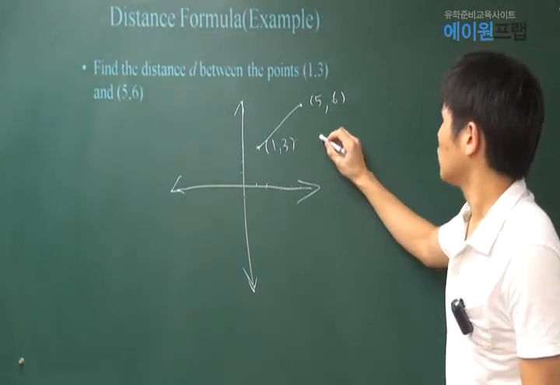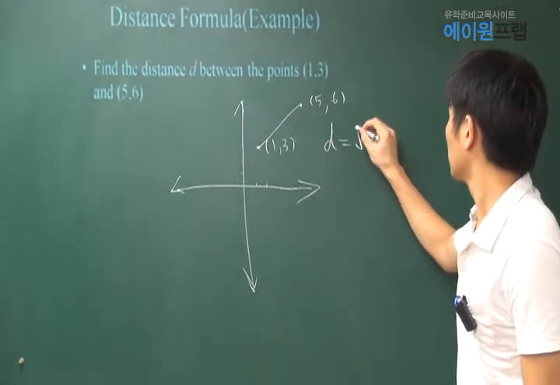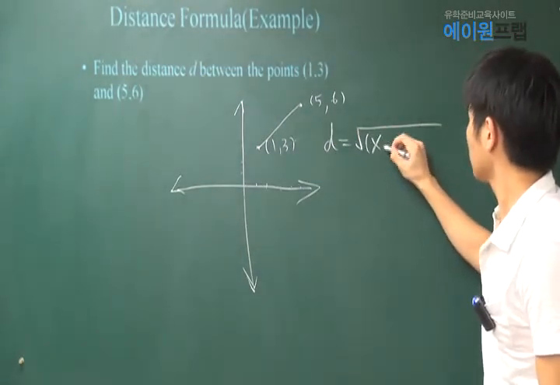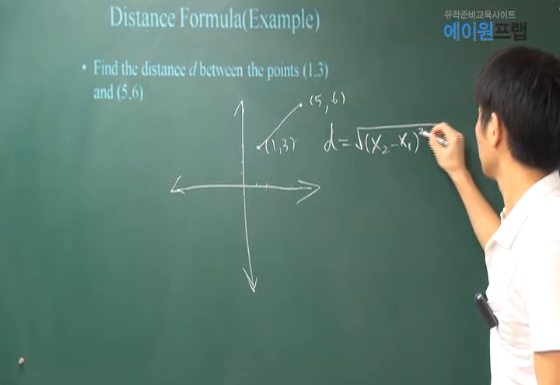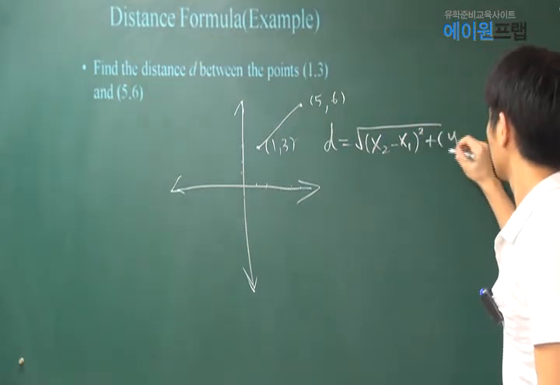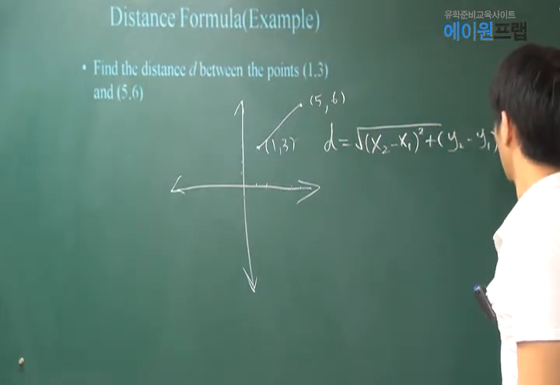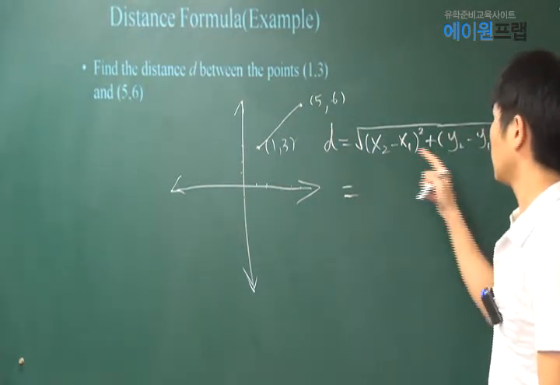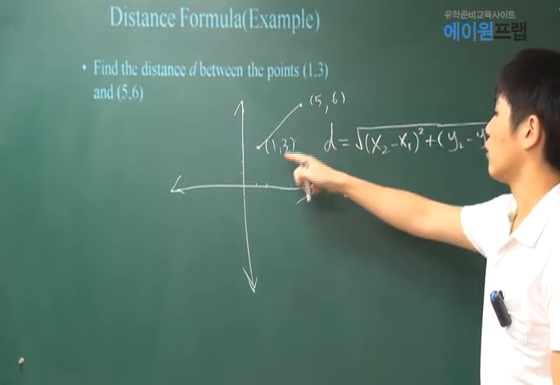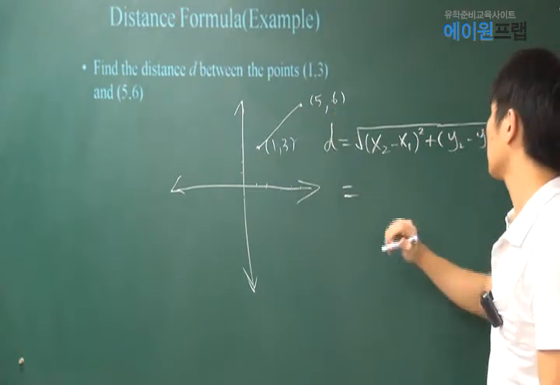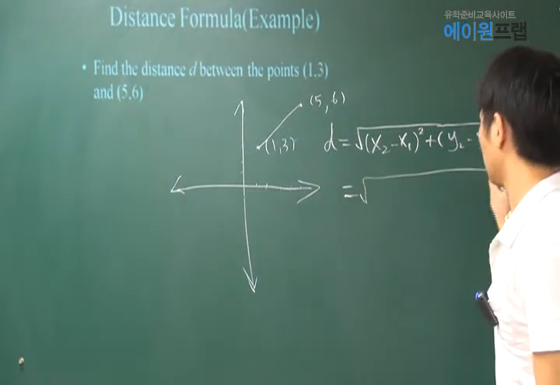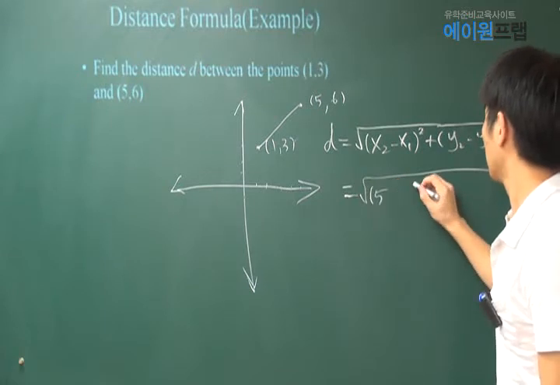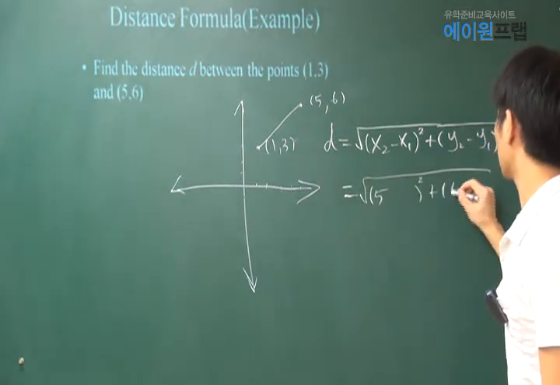So let me show you writing the distance formula. So, in this case, x2 and y2 is simply the second point we're applying. So 5 and 6. So let me just write that out. 5 and 6.